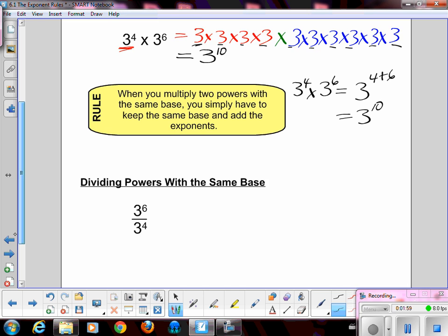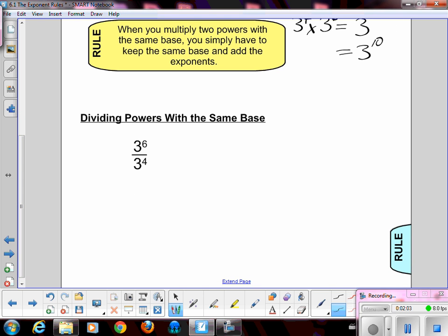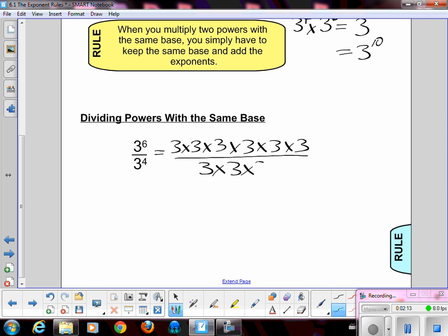The next rule has to do with dividing powers with the same base. This is the same kind of thing. I could write out 3 six times on the top and divide it by 3 on the denominator four times. And then we know that we could cancel. All of these are 1's. And we're left with 3 squared on the top.